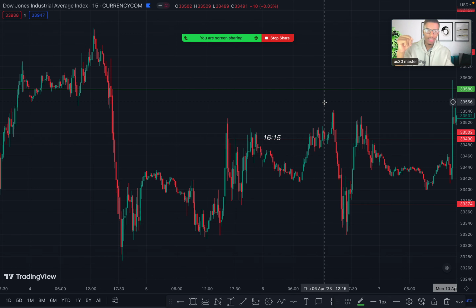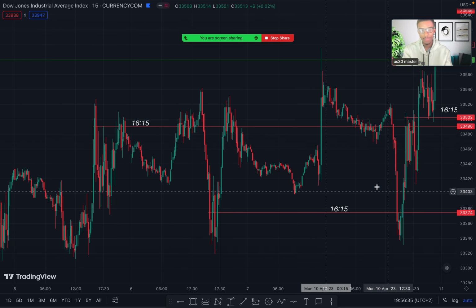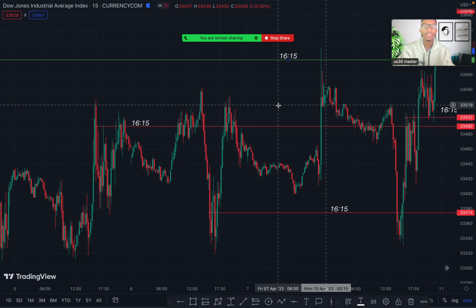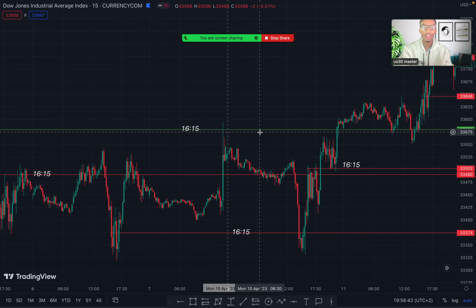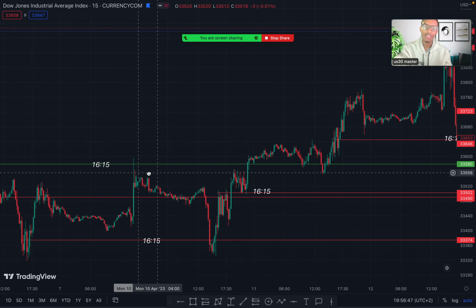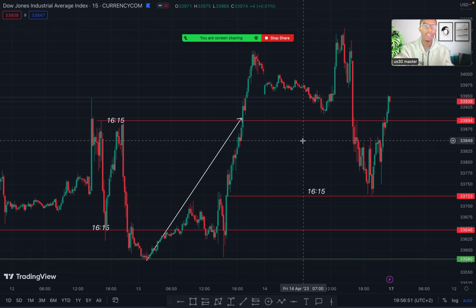So it went down, and then we saw a beautiful retest at that area for a strong sell, because again 1615 worked as our support. It broke, but we saw a small retest there. So 1615 worked here as a support, and there, and there, and here again.